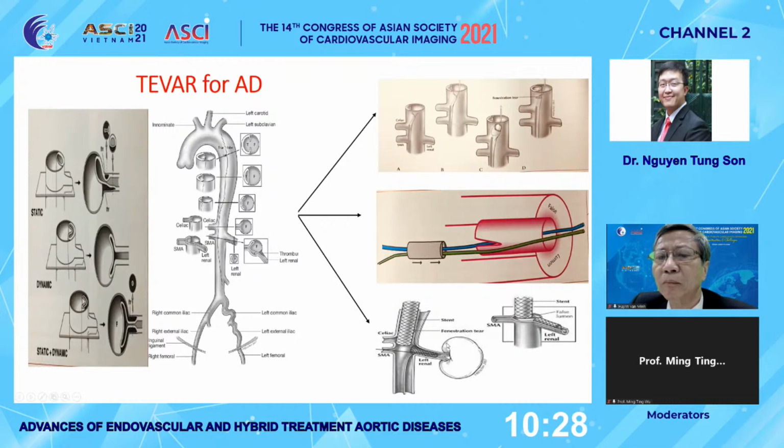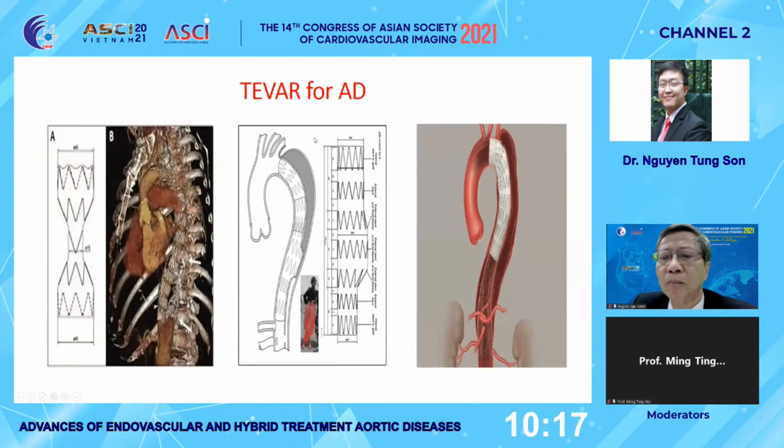But sometimes creating a penetration only is not enough, and I put a stent for the left renal or right renal, or sometimes the SMA. And you know that when you do TEVAR as the first choice, after that sometimes the false lumen is not thrombosed. That's why you can use some techniques.